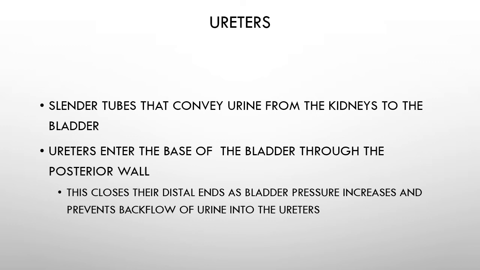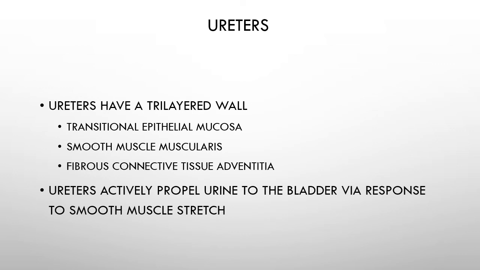This is also going to help with decreasing any movement of the urine back from the bladder into the kidneys, so that we don't have any retrograde movement of the urine once it's there. So there are 3 layers: smooth muscle in the middle, transitional epithelium on the very inside, lining the actual lumen, and then fibrous connective tissue and adventitia surrounding the outside.